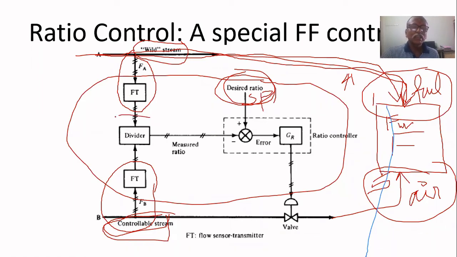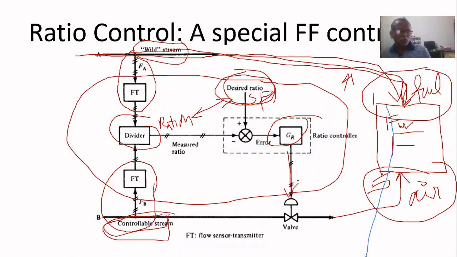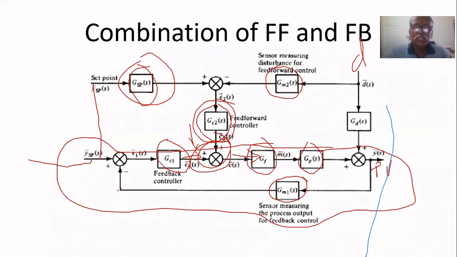Dividing these two, you are finding the actual ratio. This is the desired ratio. If you find the difference between the two, that is the error. Based on that, this controller will regulate this valve. That is also a special type of feed-forward controller. In other words, a ratio controller.